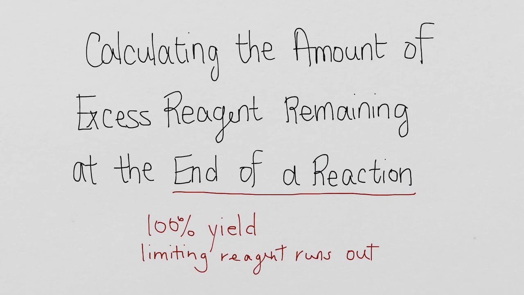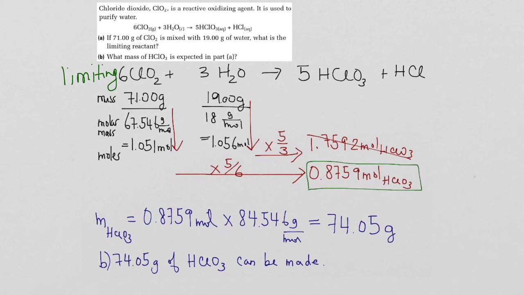So again, looking back at what we did, we started by defining what the end of the reaction means, and in this case, if we assume 100% yield, again, if the question doesn't say, you always assume 100% yield. We define that as when the limiting reagent runs out in a reaction, because that's when you have to stop.